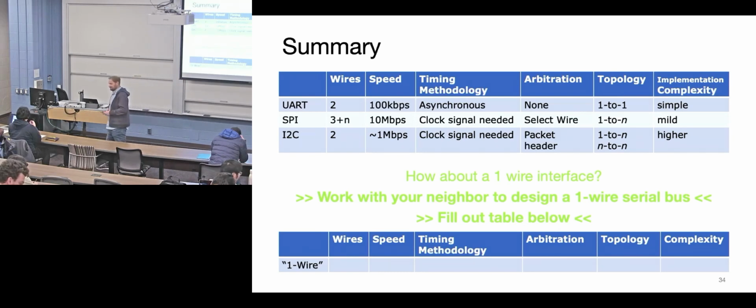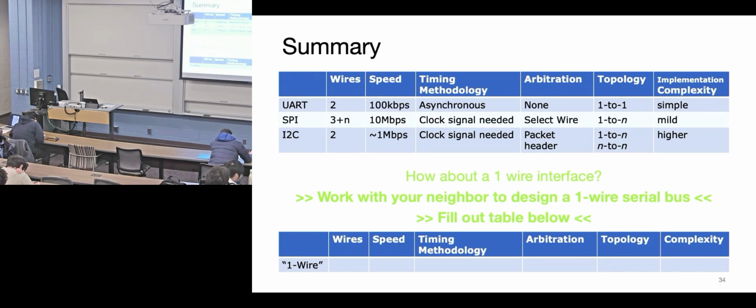Okay, topology is one to many. Complexity, I would say. I'm thinking maybe arbitration is you have data lines. Wait, it's basically like I2C. Oh, I think I remember, he said it's a combination of I2C and SPI, but you get all the worst attributes of both.